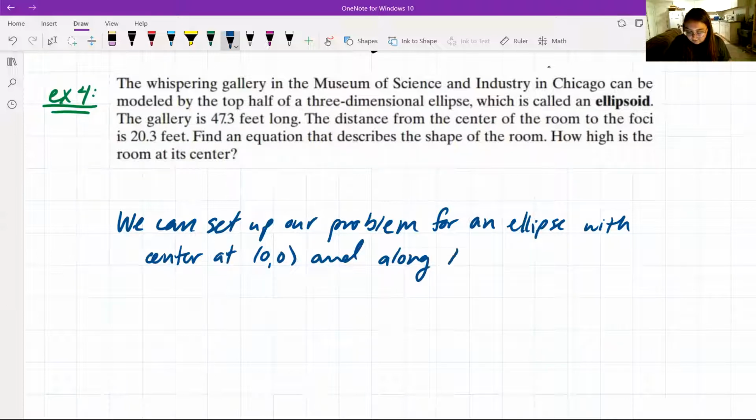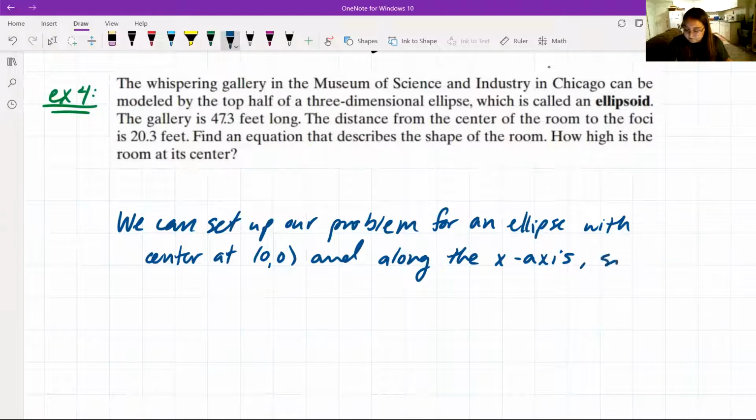And it's along the x-axis. It's fairly safe to assume it's along the x-axis. This is a building, so thinking that it's essentially the top half of an ellipse, it's most likely going to be much wider than it is high, but we will see that it is along the x-axis, considering that it's 47.3 feet long. So we have it along the x-axis.